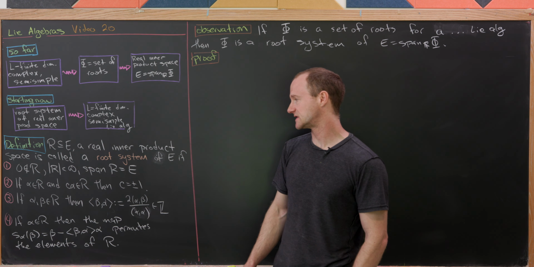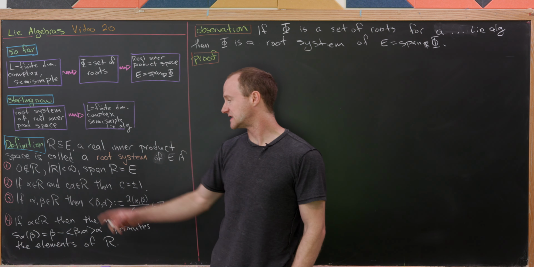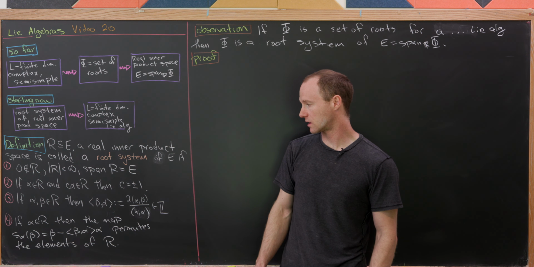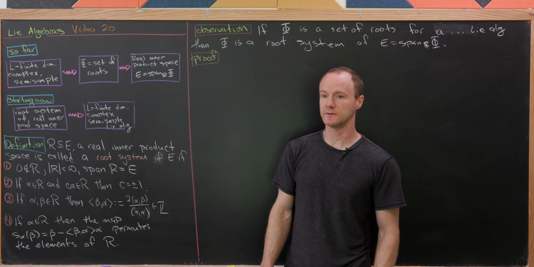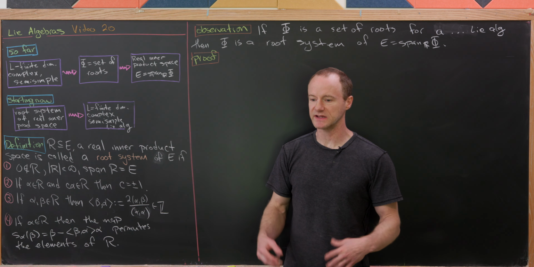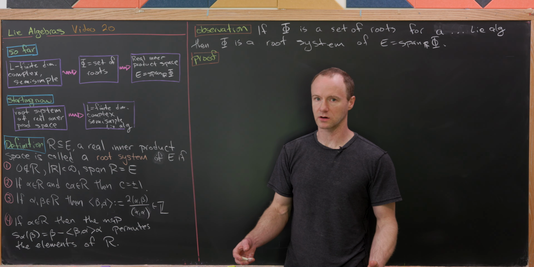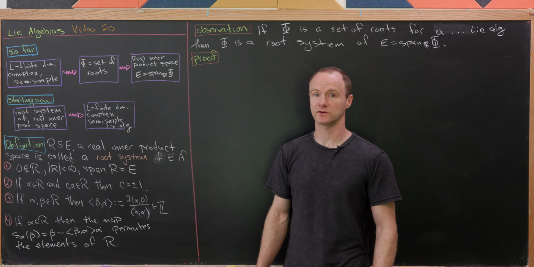Then the second axiom says that if alpha is in R and c times alpha is in R, then c is equal to plus or minus 1. In other words, the only multiples of roots that are inside of R are the positive first multiple or the negative first multiple.